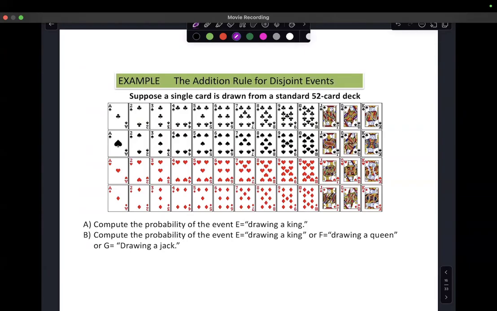And then remember that there's 52 cards in a deck. If you want to simplify, that's fine.